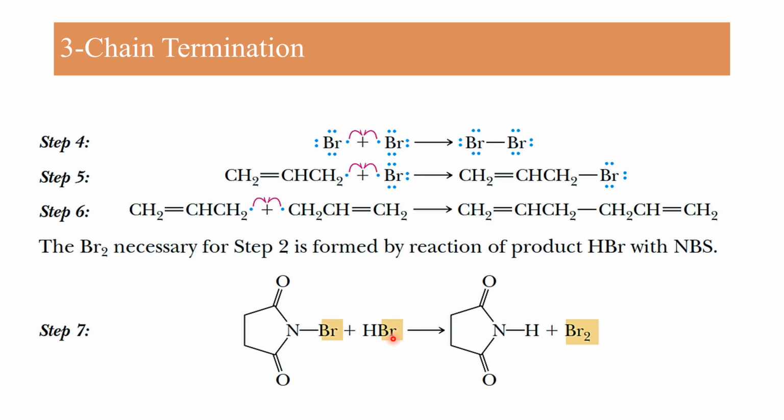So then this Br2 has formed, or you can just write it like this, because you know that if both Br radicals are in the system, they are combining. So this is the reaction which is happening in the reaction mixture, and you don't need to worry about it. If you just write this Br radical, even then that is fine, that this is coming from the NBS.